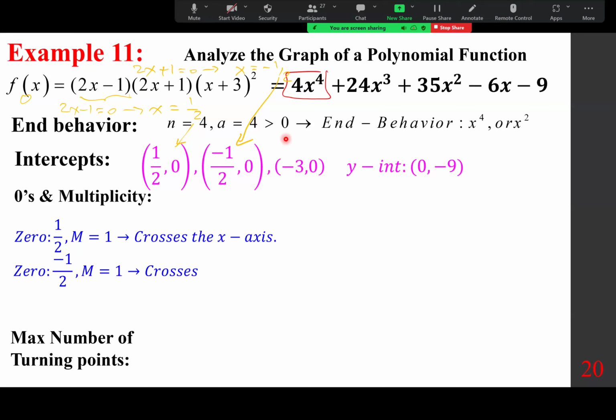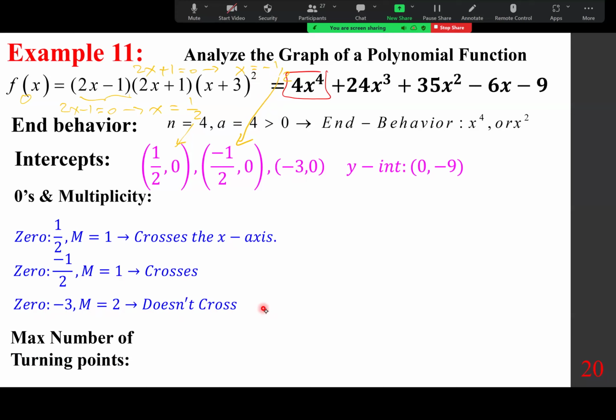However, for this one the exponent is 2. So 0, -3 has multiplicity 2. Here's the shorthand notation: 0, -3, m 2, does not cross. We mean does not cross the x-axis. So I wrote it here, to repeat.